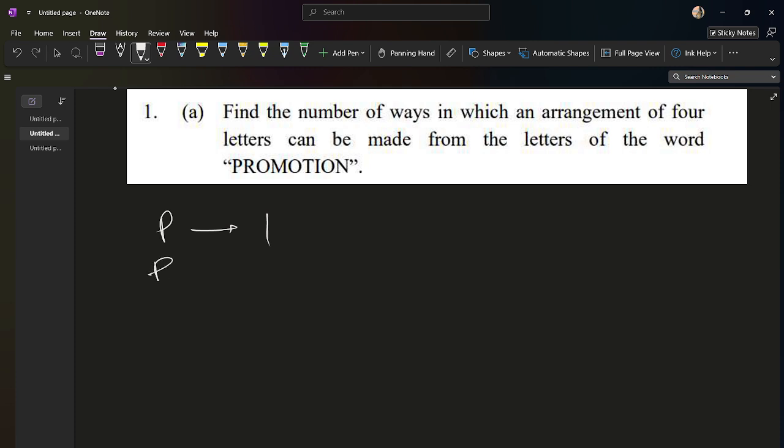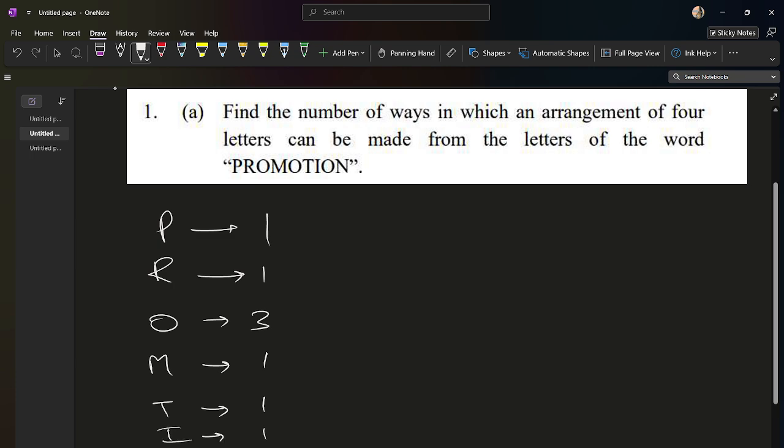The occurrence of R will also be 1, the occurrence of O will be 3, the occurrence of M will be 1, and T also 1, I also 1, and N also 1. This means that some letters are repeated, notably O, which affects the number of distinct arrangements.